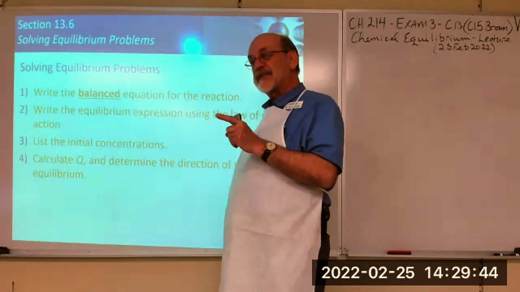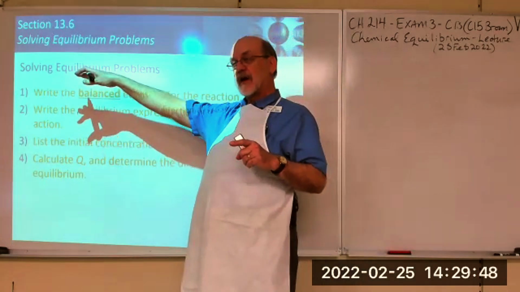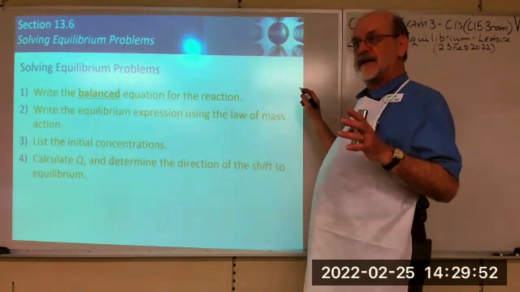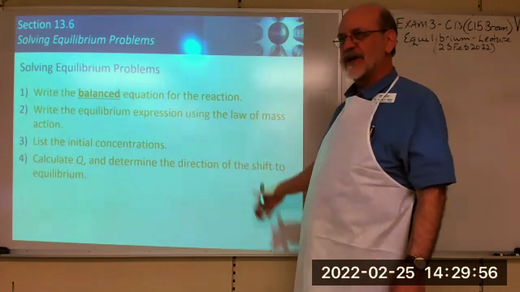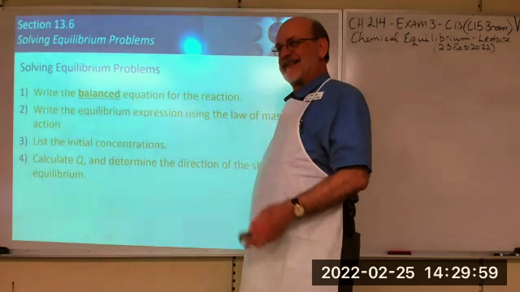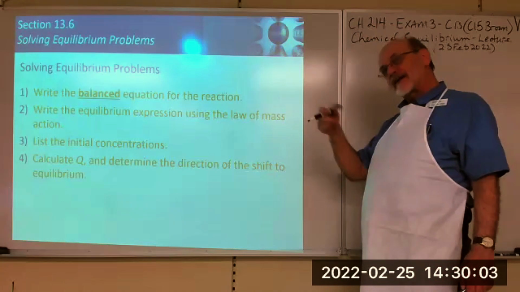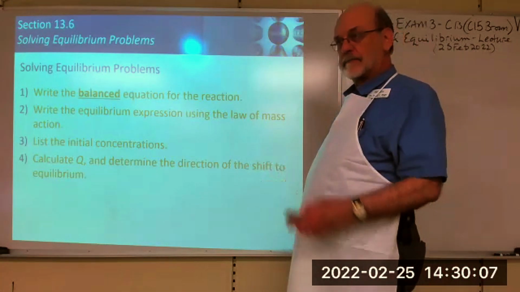If you've got a reactant that's 0, then it's going that way. If you got a product that's 0, it's going that way, no matter how many of the others you got. If you got 0 on both sides, then I guess you have to do a calculation. But if you got 0 only on one side of just one reactant or product, you don't need to do the Q. You know which way it's going.